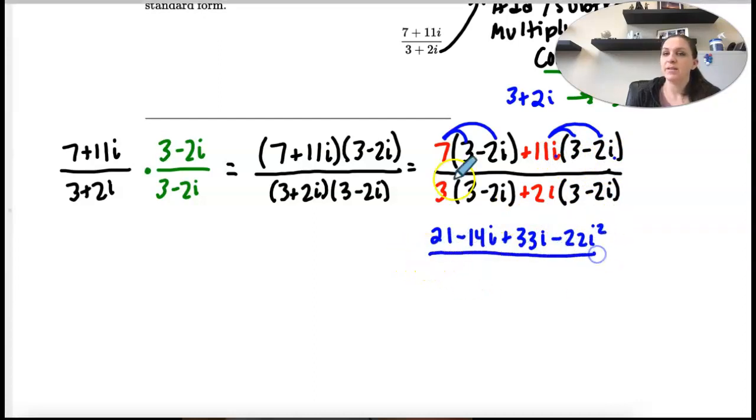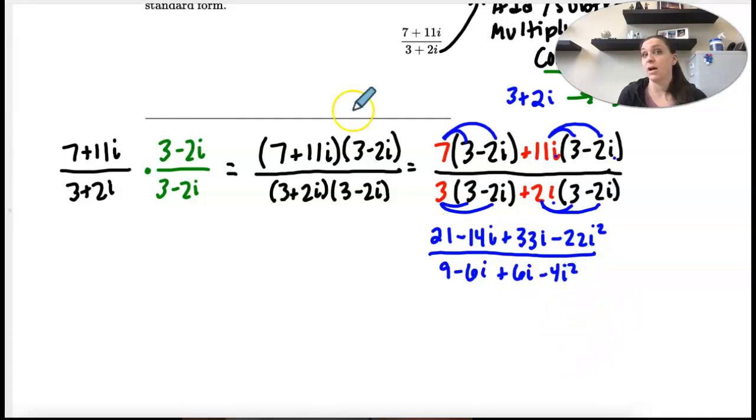Divided by 3 times 3, 9. 3 times negative 2, negative 6i. 2 times 3 is 6i. 2 times negative 2 is negative 4. i times i is i squared. That's a lot.